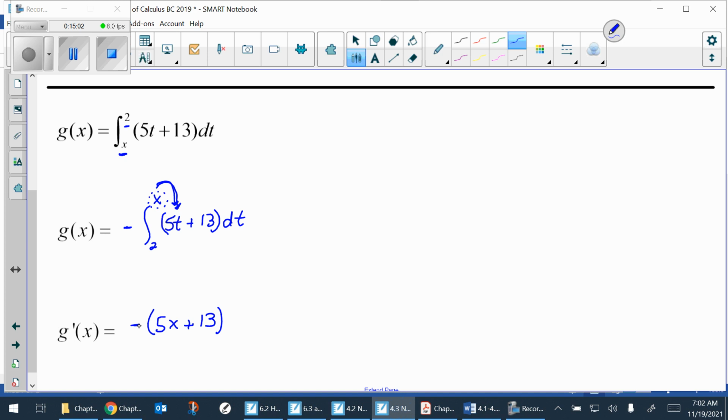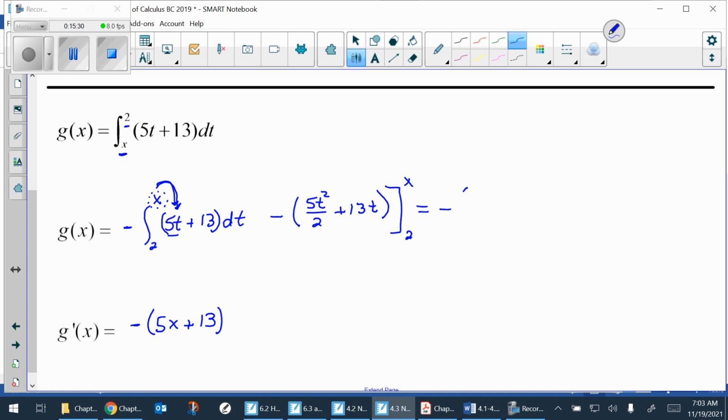But if I had to solve for g of x, it's going to be the opposite. I'm going to take the antiderivative of this: 5t squared over 2 plus 13t. I'm going to evaluate that between 2 and x.